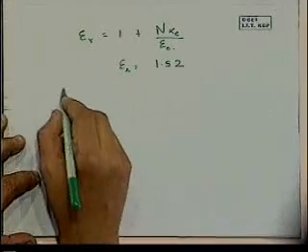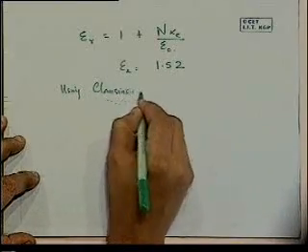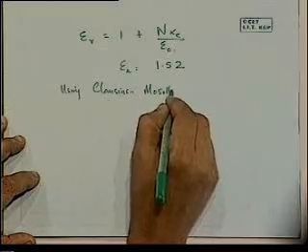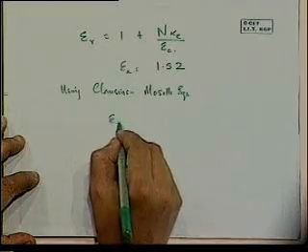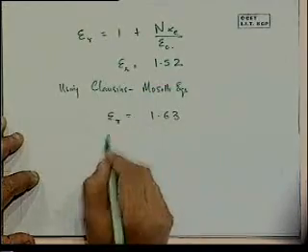On the other hand, using the Clausius-Mossotti equation, when we make the calculation for epsilon r, we will get 1.63.